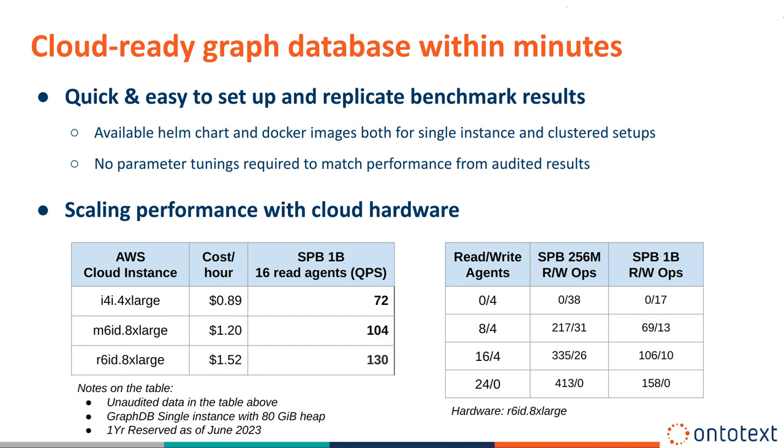And for the R6ID, the largest of the three machines, we managed to achieve 130 queries per second based on 16 concurrent readers. That performance is almost twice as good as that of the smaller machine. The cost is based on the reserved machine for 1 year, as of 2023. We wanted to showcase how that kind of performance can be achieved with various types of instances and how larger hardware allows GraphDB to scale even better.